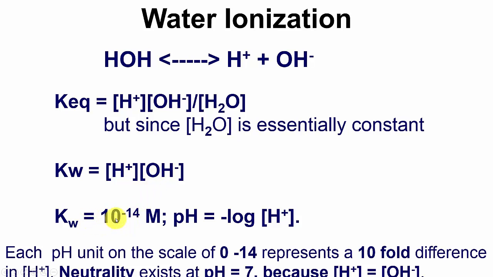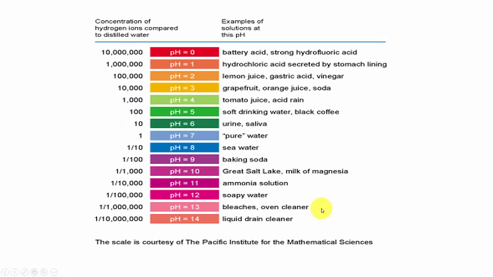And that Kw is equal to 10 to the minus 14, and pH equals negative log of the hydrogen ion concentration. So each unit on the scale of 0 to 14 represents a 10-fold difference in proton concentration. Neutrality exists at pH 7 because hydrogen ions, protons, equal hydroxyl ions at pH 7.